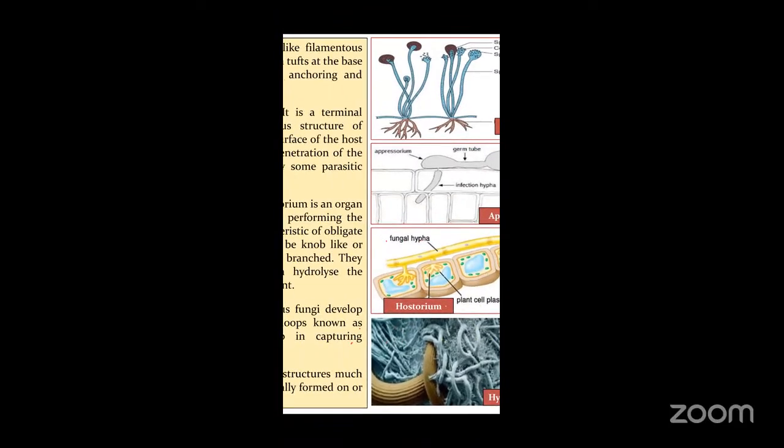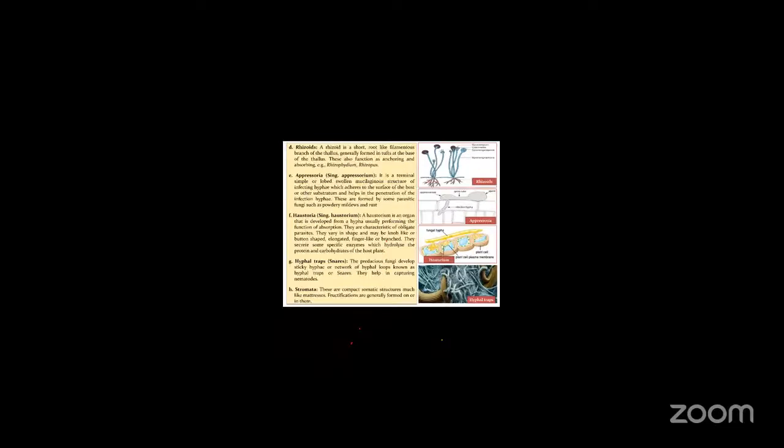They are branched, finger-like, or anchor-like, lobe-like structures. Sometimes these haustoria also secrete digestive enzymes, which hydrolyze carbohydrates and proteins, digesting them in the host cells.